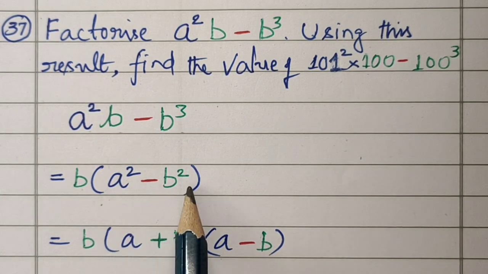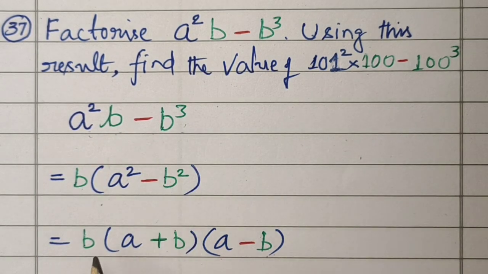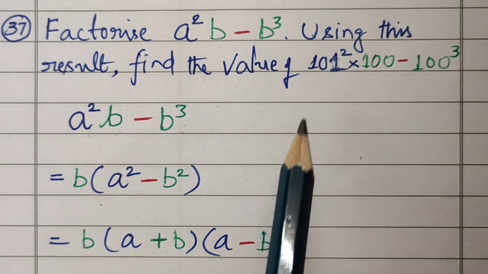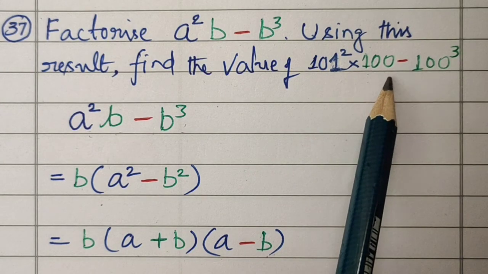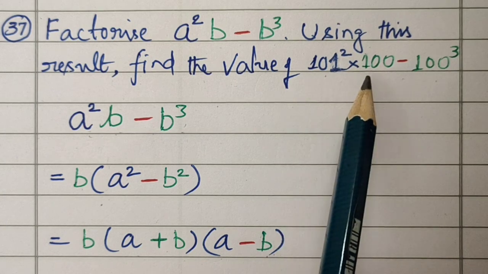A square minus b square can be written as a plus b into a minus b, so b into a plus b into a minus b. We have converted a square b minus b cube into b into a plus b into a minus b. Now let us find out 101 square into 100 minus 100 cube. In place of a we have 101, in place of b we have 100.